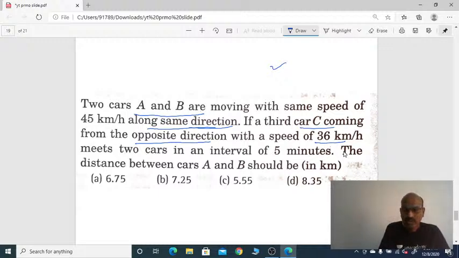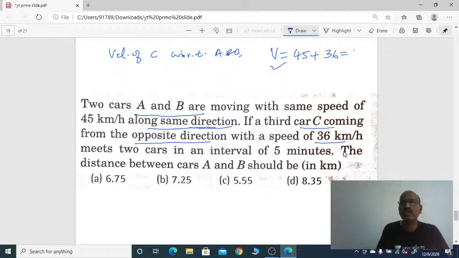Now car C is coming in the opposite direction. Then what is the relative velocity of car C with respect to cars A and B? Since cars A and B keep a constant distance, which we don't know, that is x. Once C comes from the opposite direction, the relative velocity is the velocity of cars A and B plus the velocity of car C, 36, total 81 km per hour.